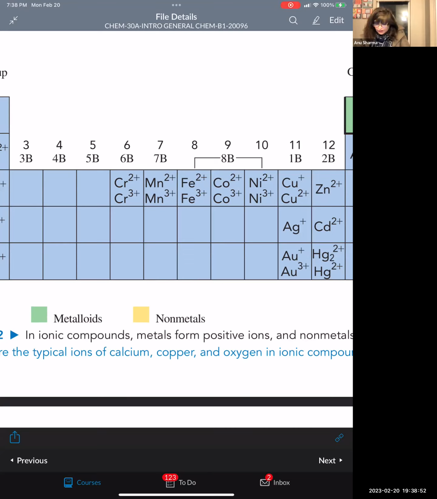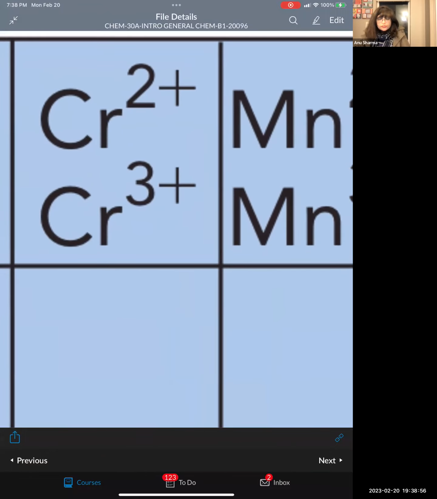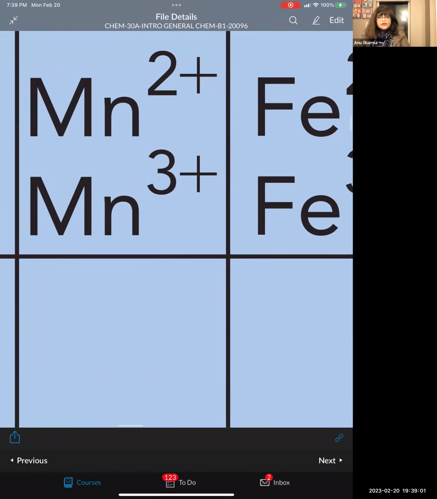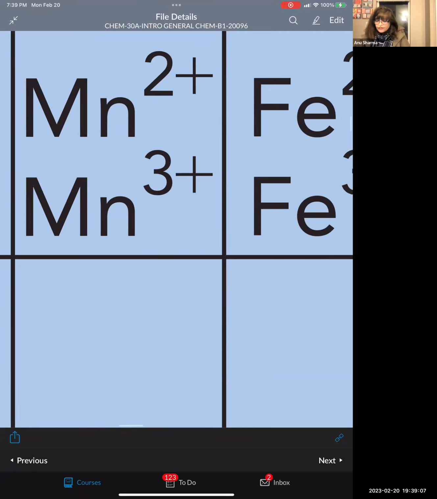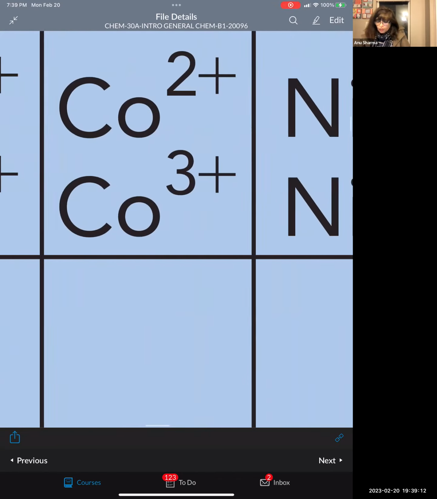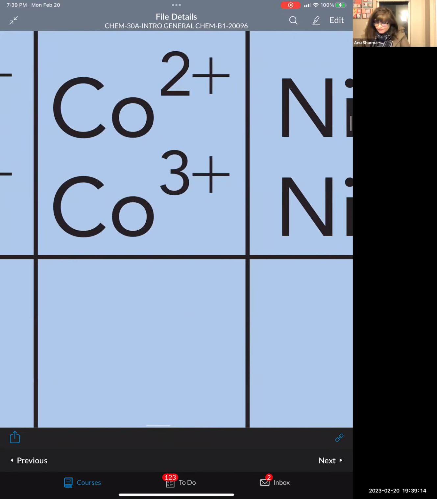So for example, look at chromium. Chromium can form +2 and +3. Manganese, +2 and +3, but manganese can have more: +4, +5, +7. So manganese is very variable. Iron, +2 and +3, right? Cobalt, +2 and +3.